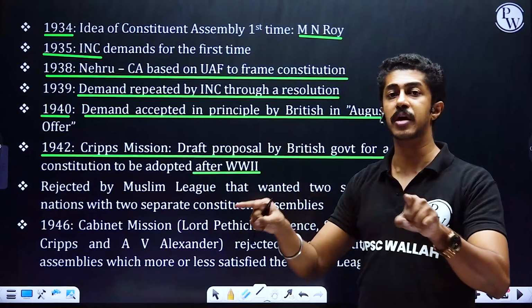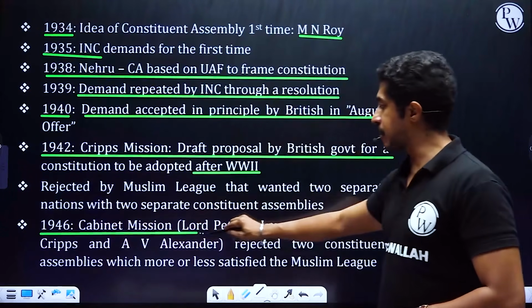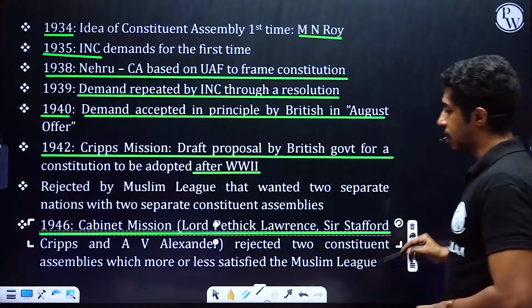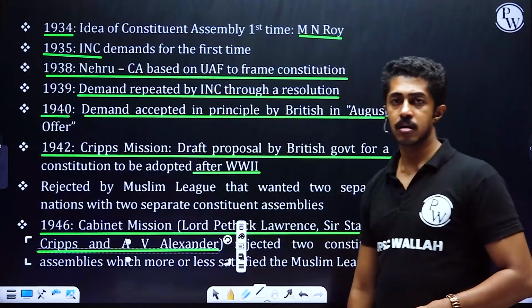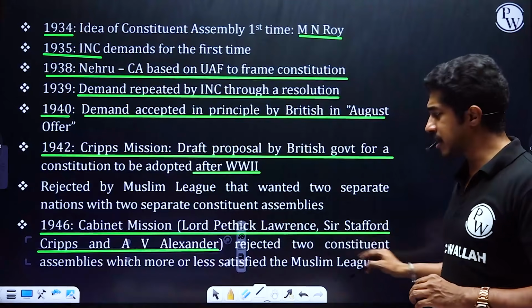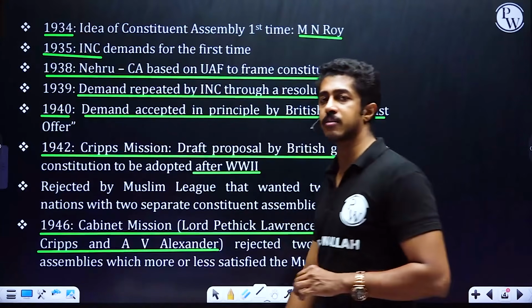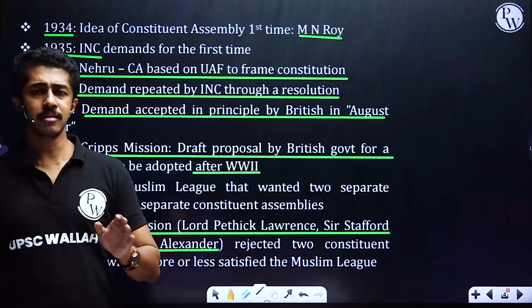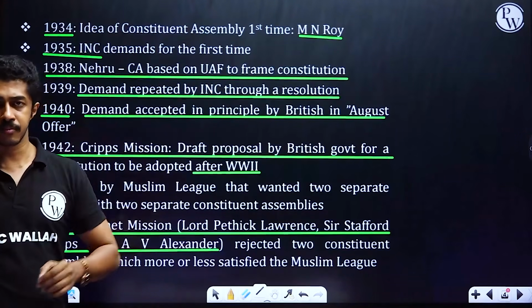Partition and two separate constituent assemblies. 1946, Cabinet Mission. Lord Pethick Lawrence, Sir Stafford Cripps and A.V. Alexander rejected two constituent assemblies, but offered something which more or less satisfied the Muslim League. Because by then, there was this general idea that partition is inevitable.